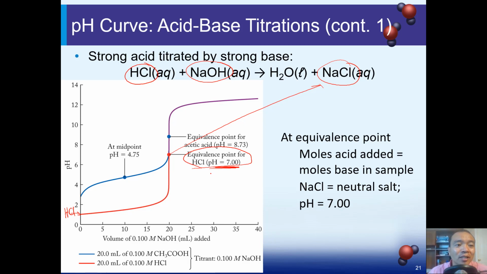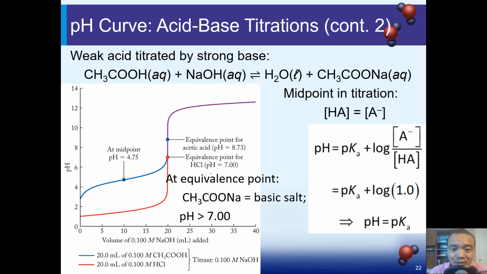We could compare the strong acid titrated by strong base with the weak acid titrated by strong base. For example, we use acetic acid titrated by the strong base NaOH. In this titration curve, represented by the blue, you start also with a low pH, but do remember, for the same concentration, because it's a weak acid, the pH you started with is actually higher than HCl.